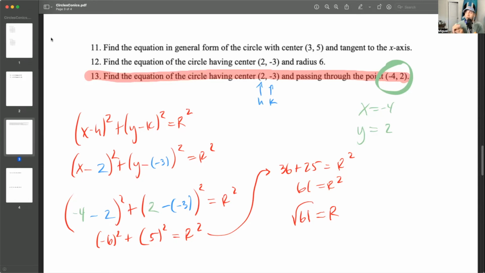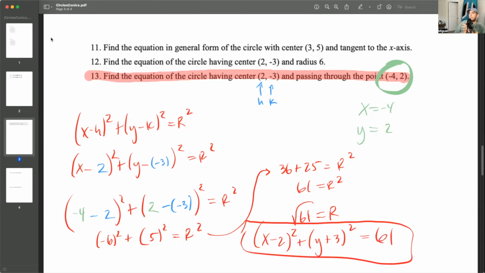All we care about is the r squared, because we're just going to plug that into our equation. So on the very bottom, now we know that this is (x minus 2) squared plus (y plus 3) squared, I already simplified that minus -3, equals, and as I mentioned, we don't necessarily need the r. We already know r squared is just 61. And we can just write our value like that.